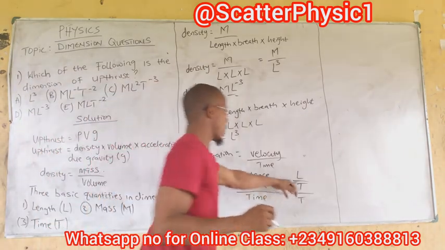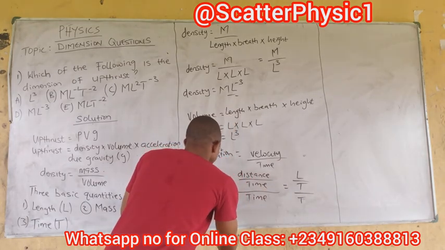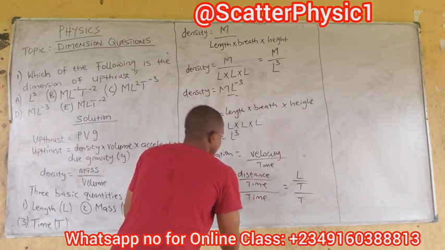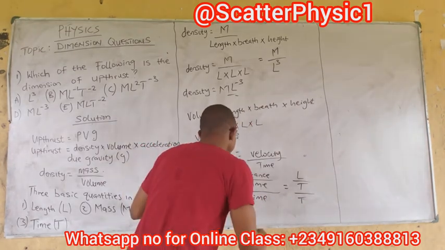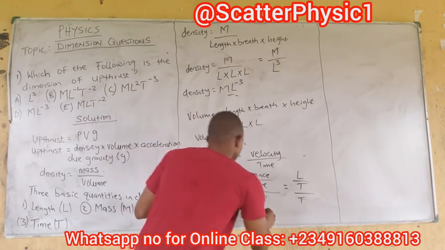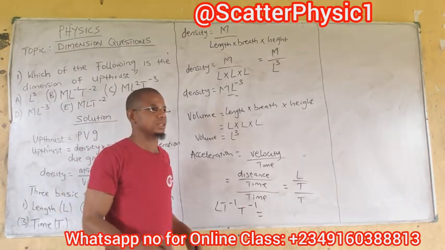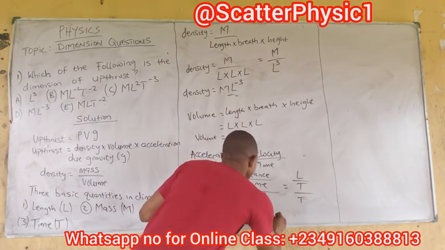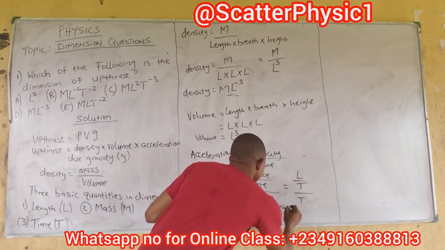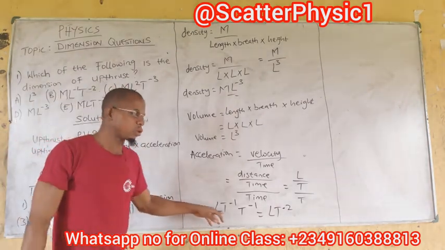When you change this one, L over T, you have L T to the power minus 1. Then changing this other T, you have T to the power minus 1. So minus 1 and minus 1 is going to give you L T to the power minus 2.